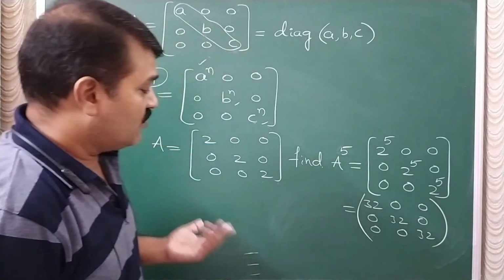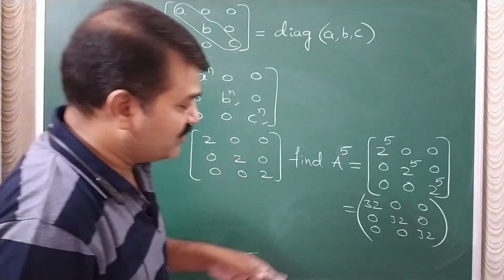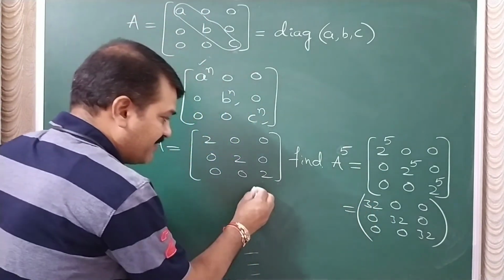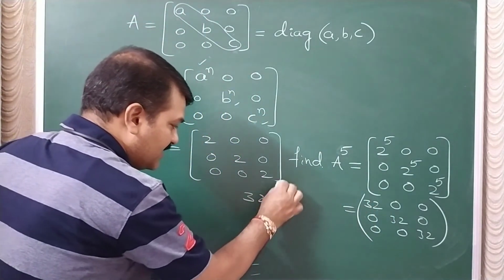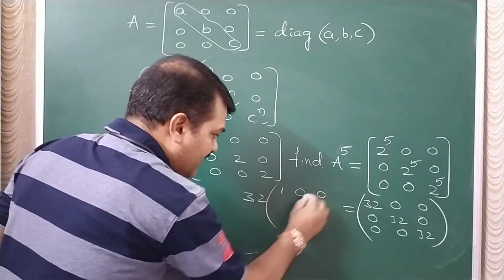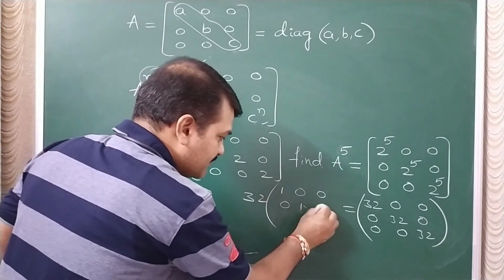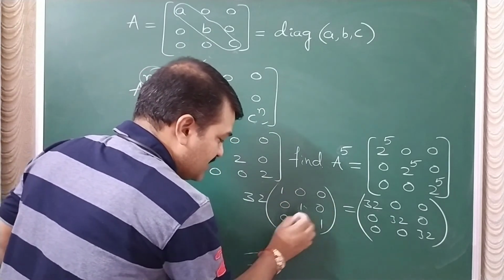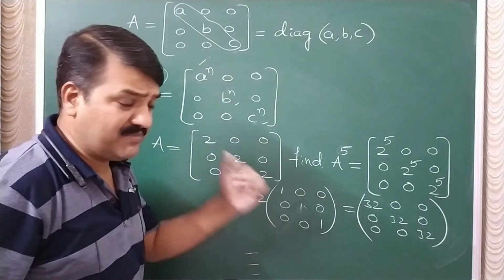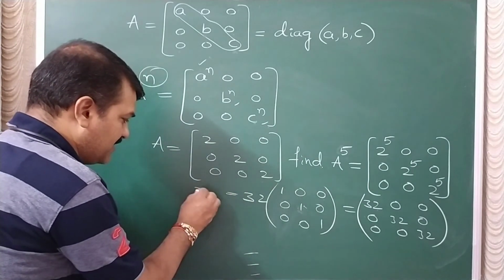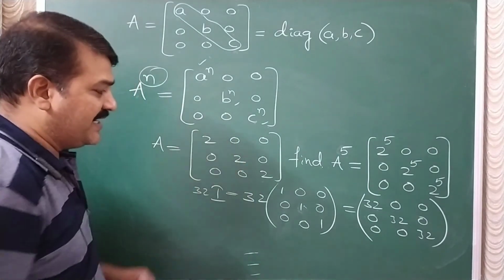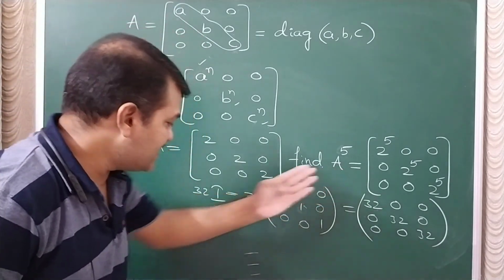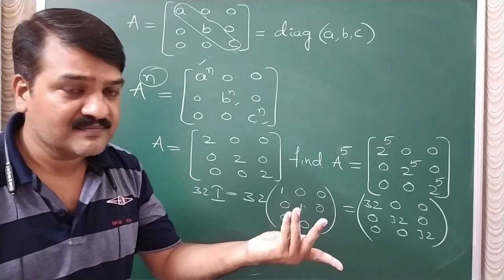So what happens if I take 32 common from this? 32 common means I will get like this. So what is this 0, 1, 0, 0, 0, 1, 0, 0, 0, 1? That is nothing but the unit matrix. So this is nothing but 32 into I, 32 into unit matrix. So I will get the answer directly as 32I, very easy.